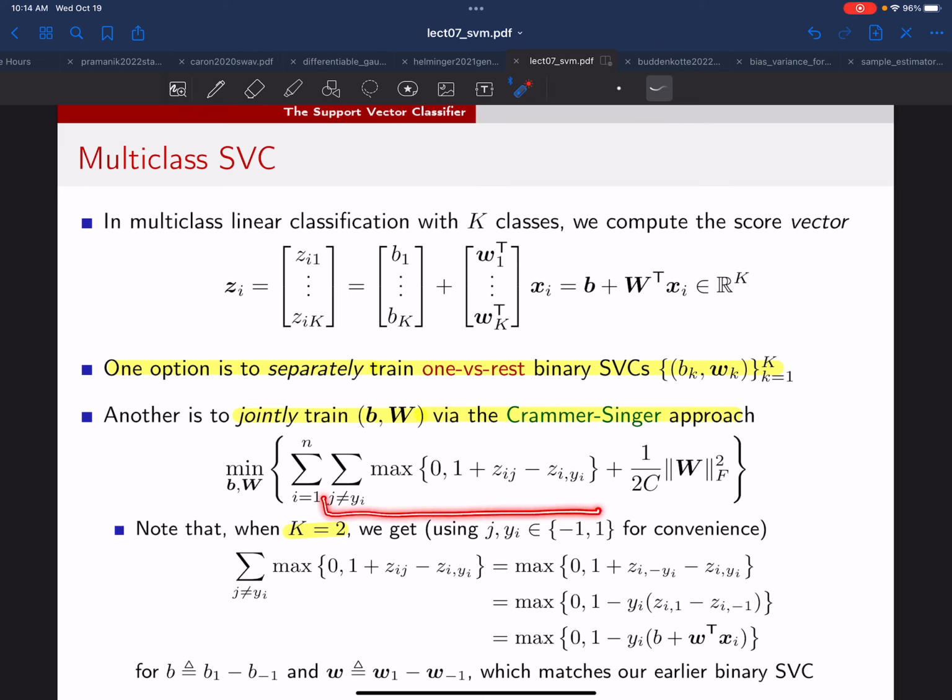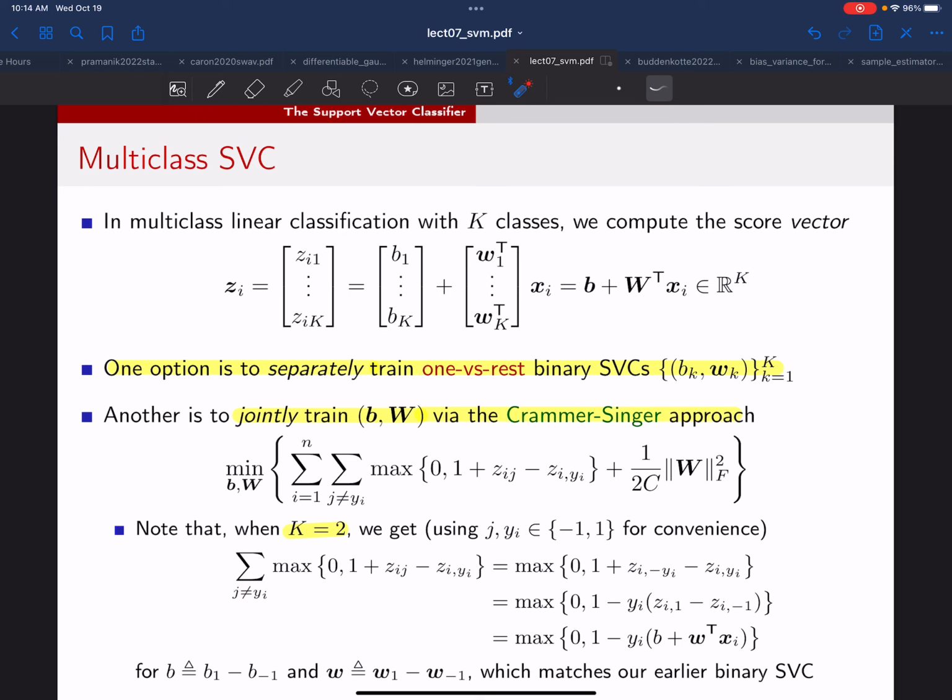Now, just copying this sum down to here, let's take a look. Let's think about this sum. In the binary case, j not equal to yi: since there's only two possibilities for yi, there's only one possibility for j. Because of our labeling convention here, whatever yi is, j will be minus yi.